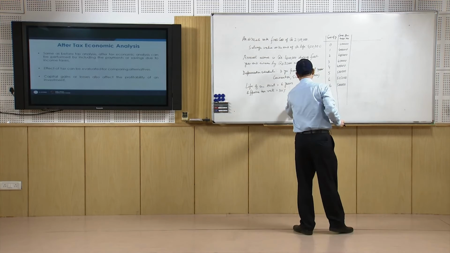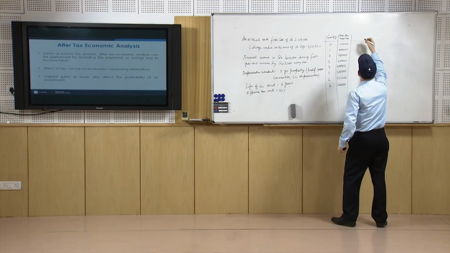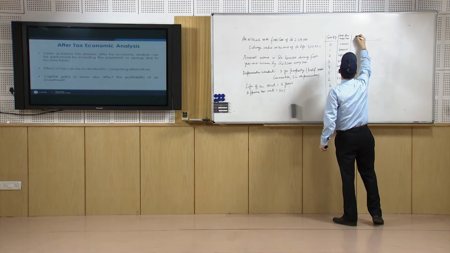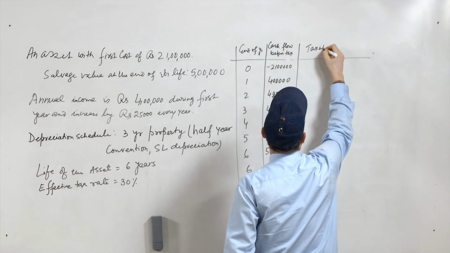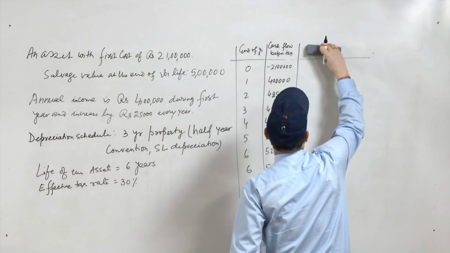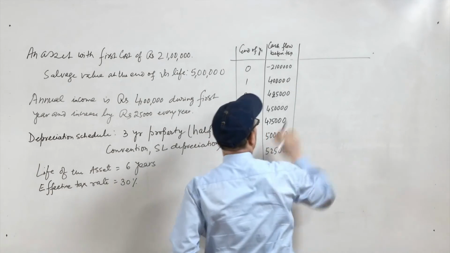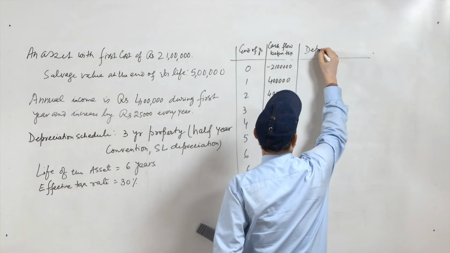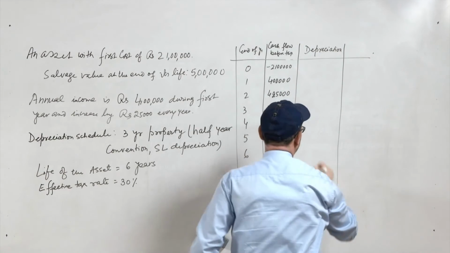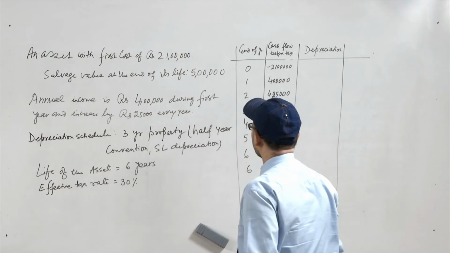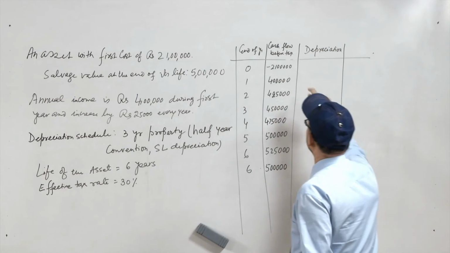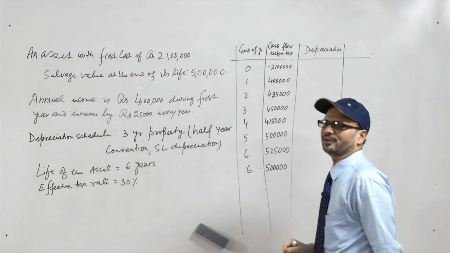Now, next we will have the taxable income. Before that we will calculate the depreciation charges. We are using the straight line method with half year convention and a 3-year property, and this is a property with a first cost of 21 lakh.